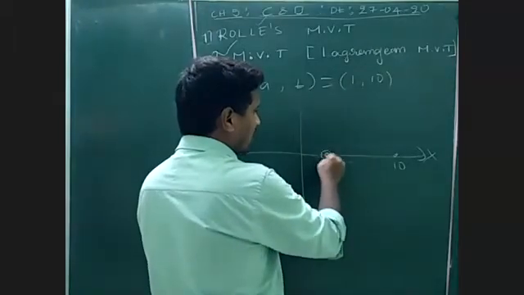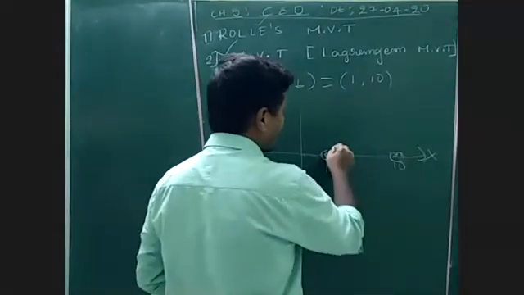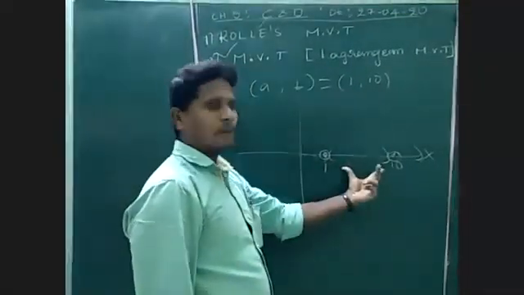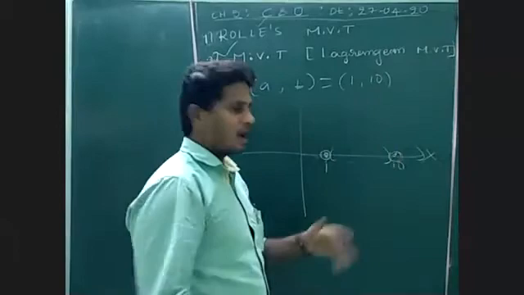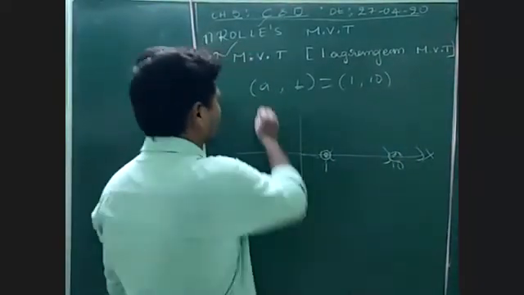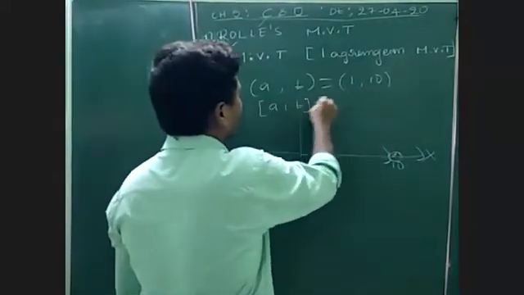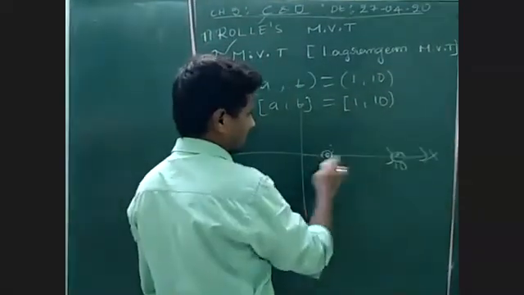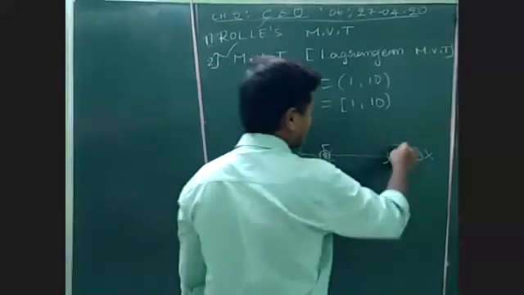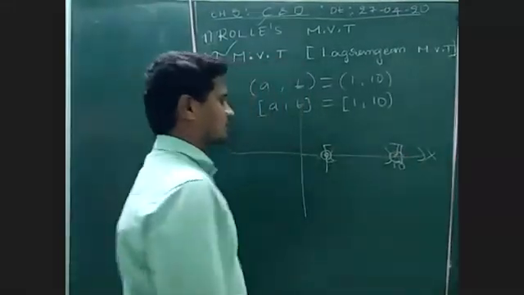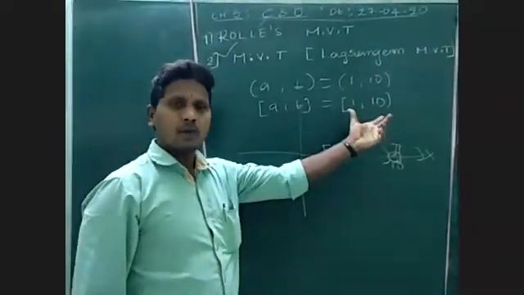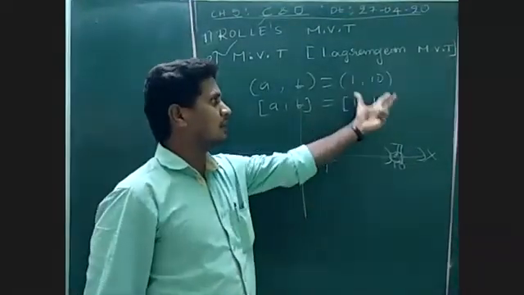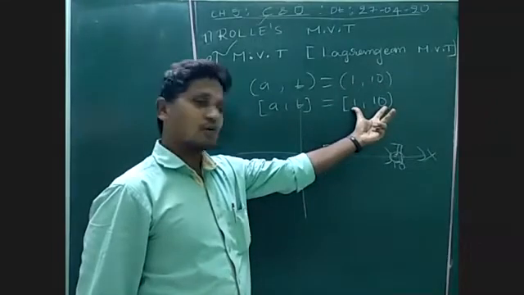We cannot count 1 and 10; the remaining values belong to the given interval except the end points. This is called an open interval. Closed interval a comma b, here 1 comma 10, means including the end points. We can include 1 and 10 also. That is the meaning of a closed interval. Excluding end points is open interval, including end points is closed interval.